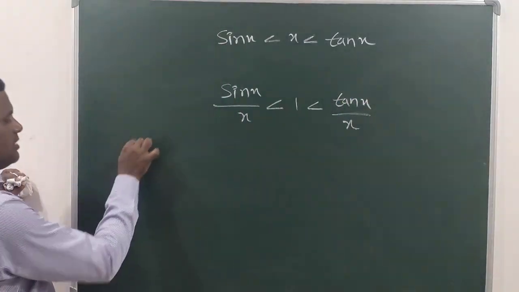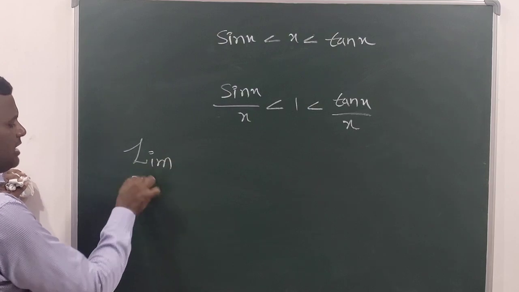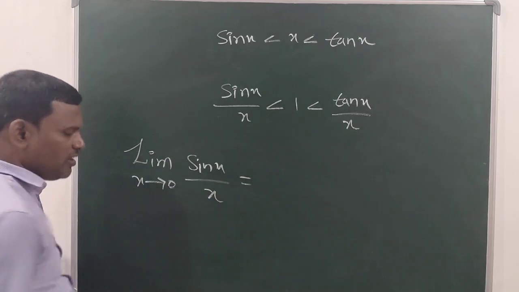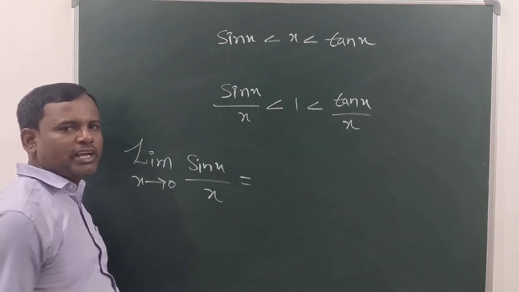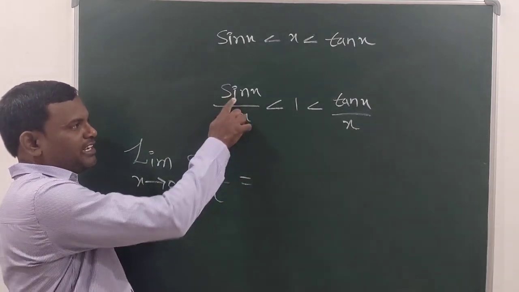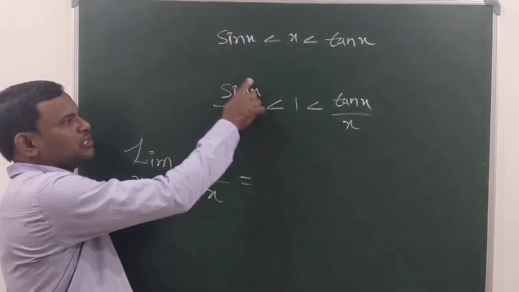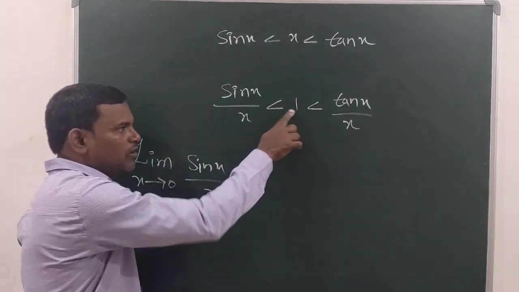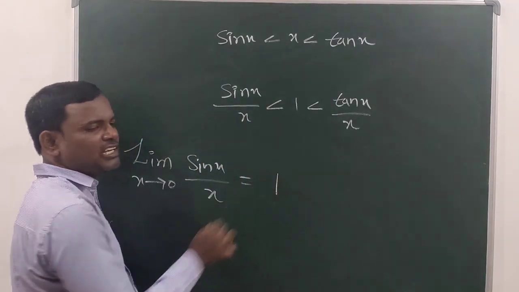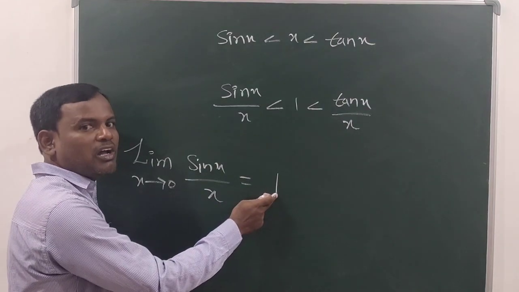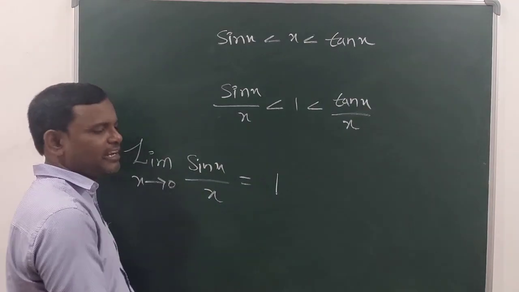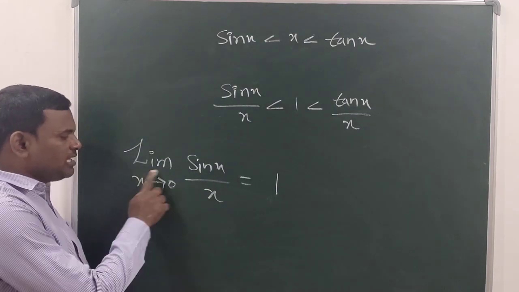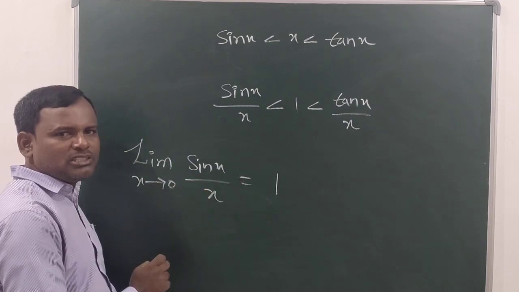Now my question is, limit x approaches to 0, sin x by x equal to how much? When x approaches to 0, this function takes the value 1, very close to 1 but not exactly 1, smaller than 1, like 0.999, but usually we write 1.